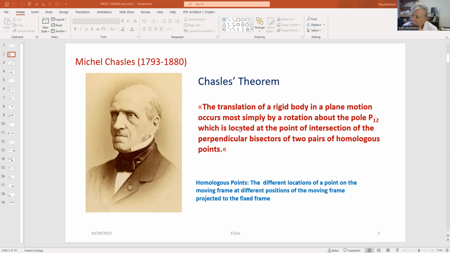Let me repeat, homologous points are different locations of a point on the moving frame at different positions of the frame, projected to the fixed frame. Okay, that's the definition.